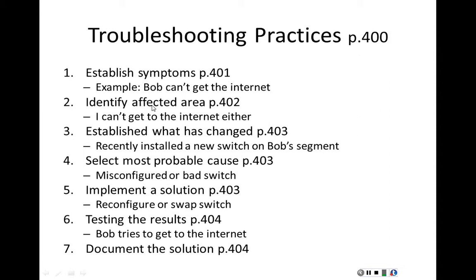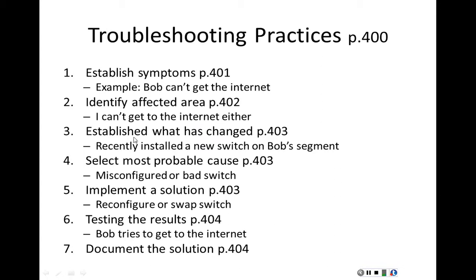Step 2, identify the affected area. Is this just Bob who can't get to the internet, or how about other people? And then I see that I can't get to the internet either. Therefore, the affected area is not just Bob's computer, it's everybody on our segment.